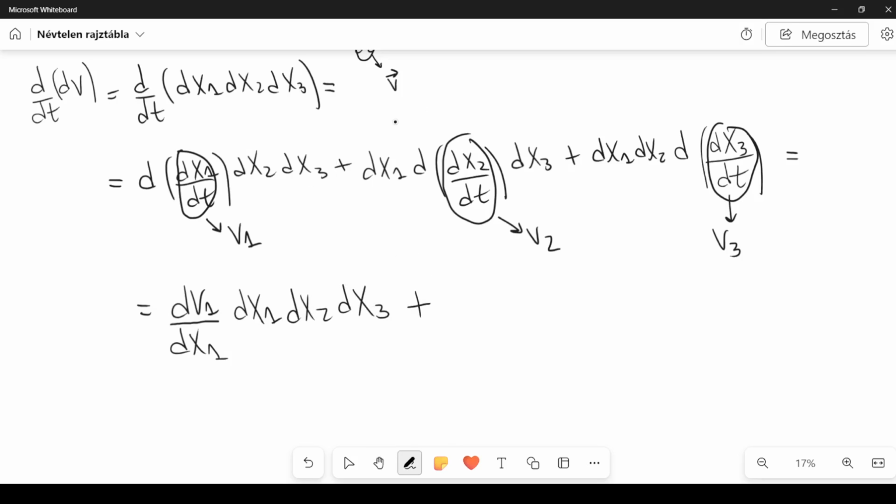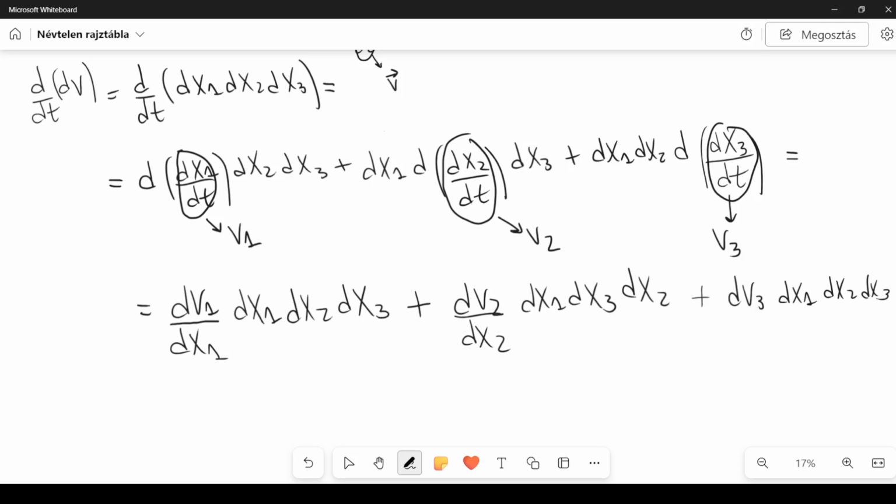And similarly, you have other terms. Here you have dv2 times dx1, dx3, but you can divide dv2 by dx2, so that in here you have dx2, and therefore this volume element is the same as this one. Similarly, here you have dv3 times dx1, dx2, then you multiply by dx3, and then here we divide by dx3.